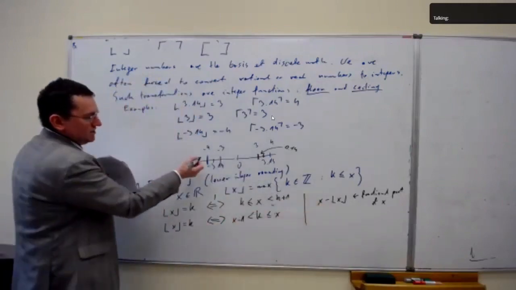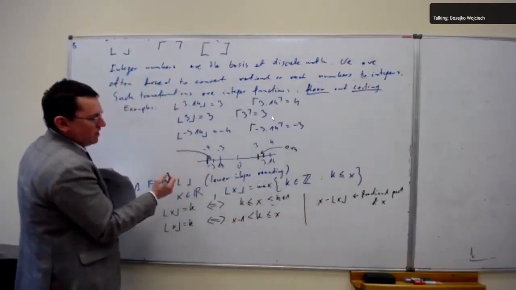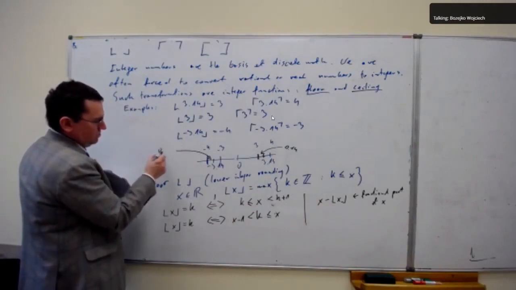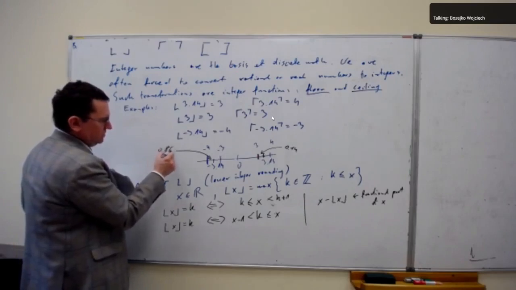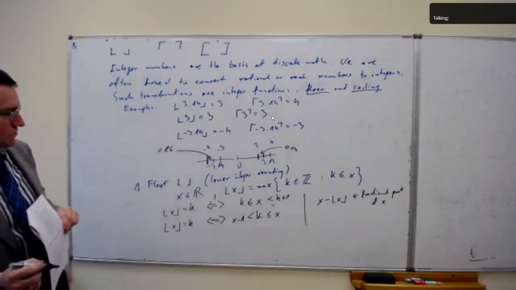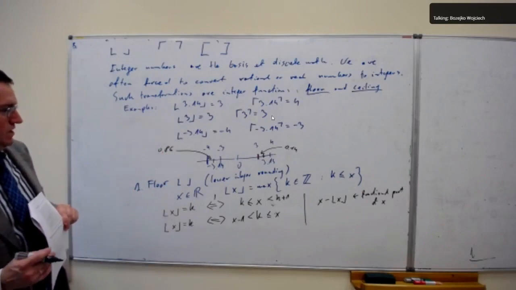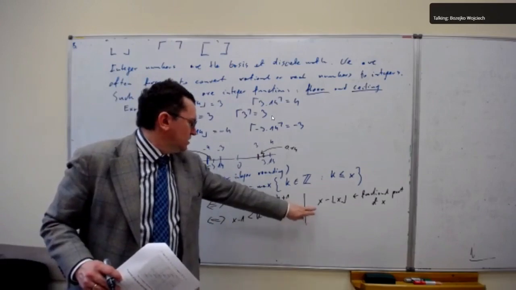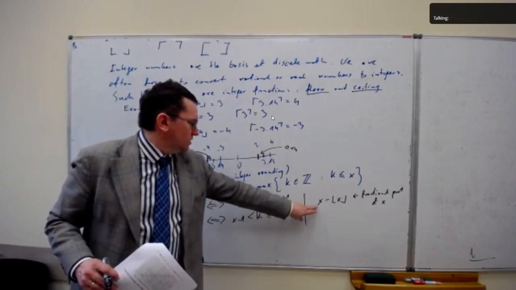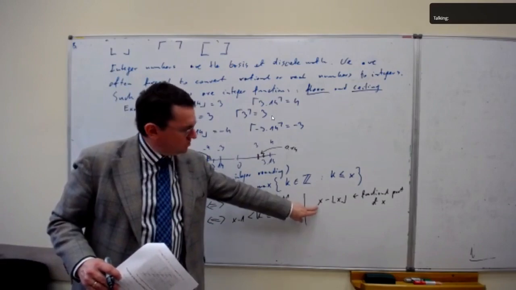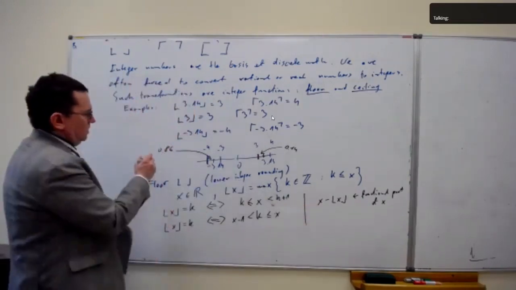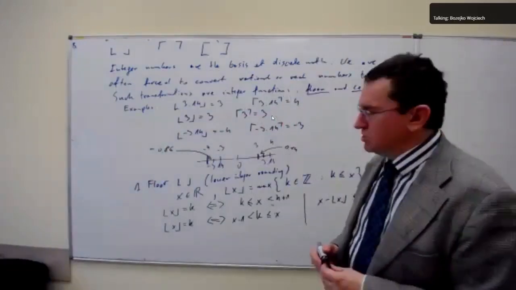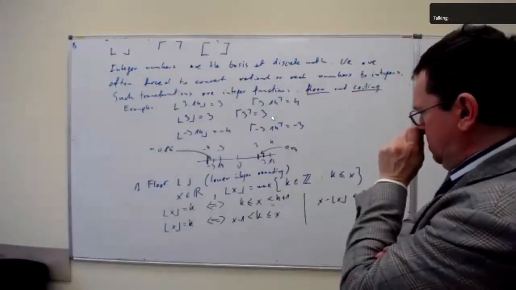But for negative ones, what will this fractional part be? 0.86 probably. Yes, because this is -4. It looks strange, yes, for negative ones.